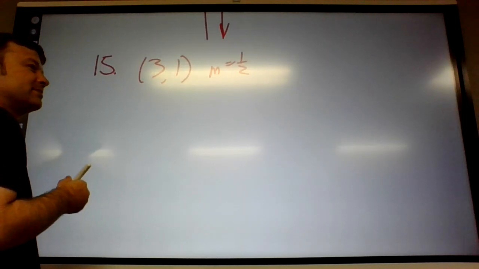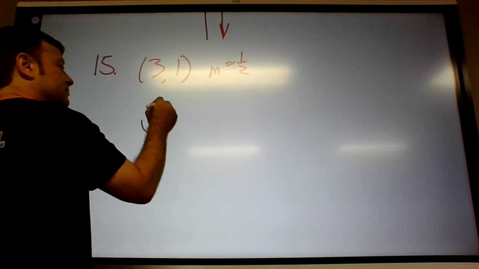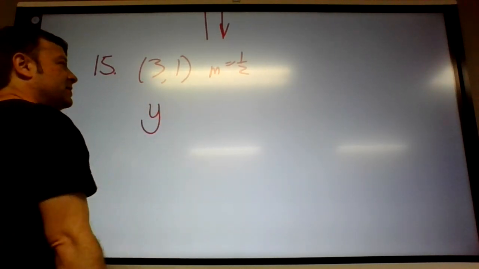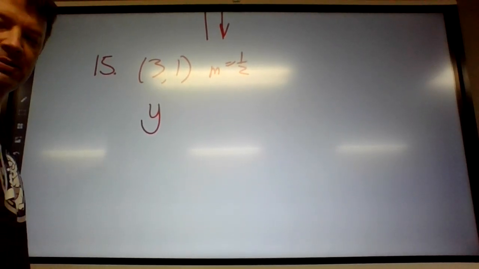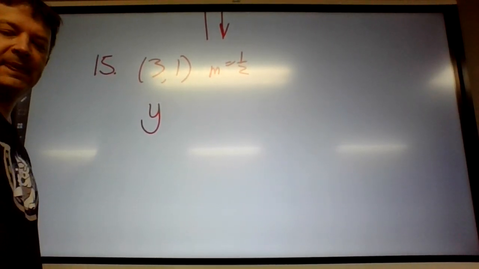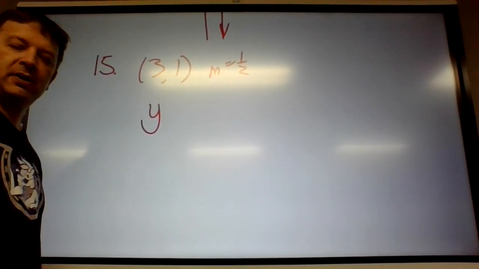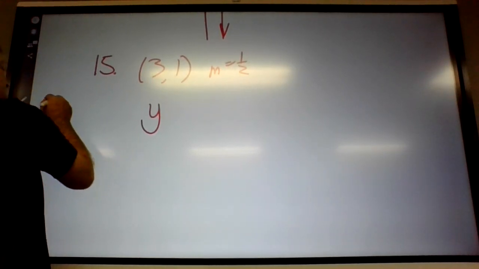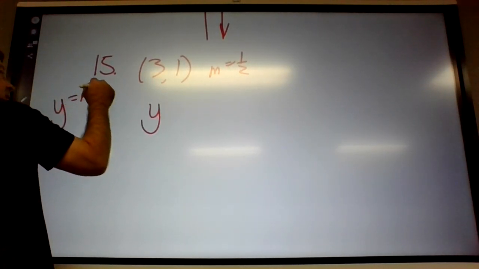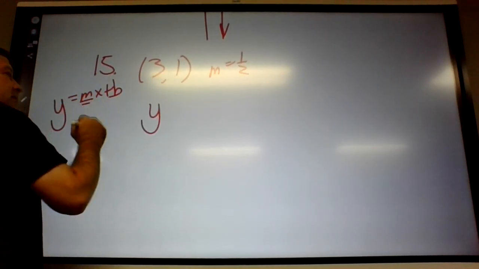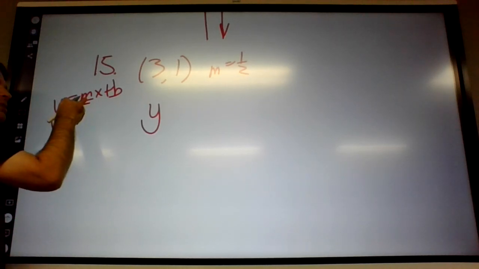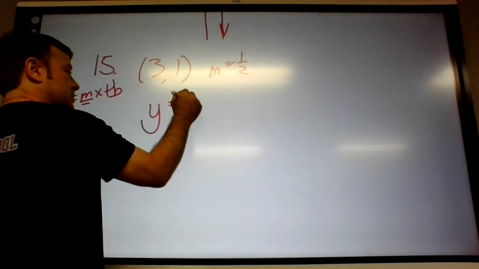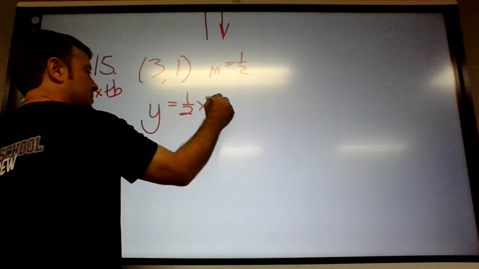Y equals negative x plus b. No, okay, we're doing y equals mx plus b. What goes in the slope spot? The slope, 1/2, times 3 plus 1.